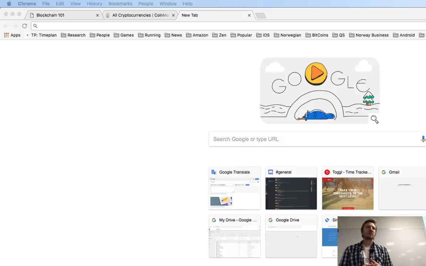Yeah, digital currency. So we have some keywords: digital currency. So what does it mean? What does it mean that it's a currency? What's a currency? Exactly.